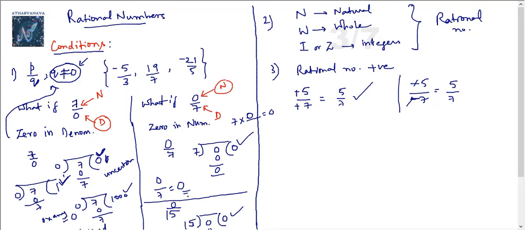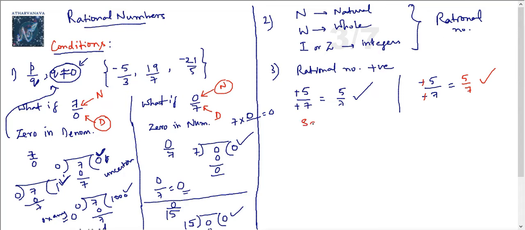You understand this? I'll rewrite this to make you understand better. I write the number minus 5 by minus 7 is equal to, and then I'll change the color to show you that if I cancel these minuses, I can write 5 by 7, still the positive number.